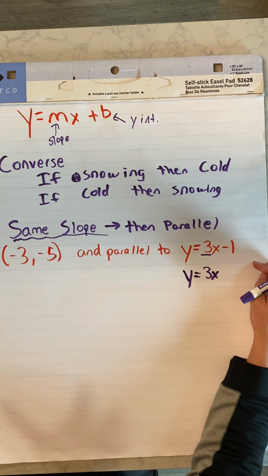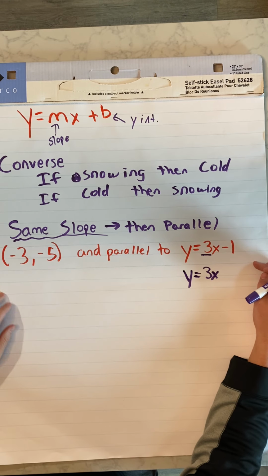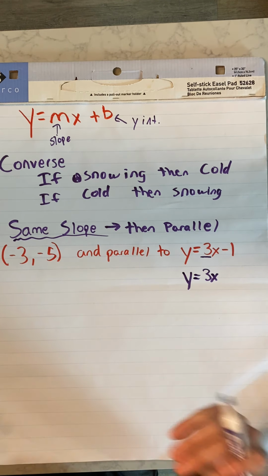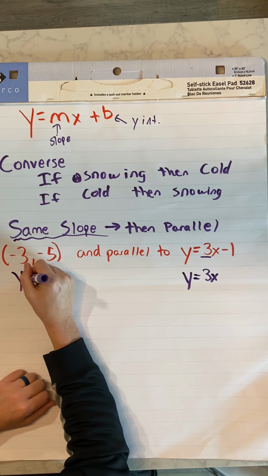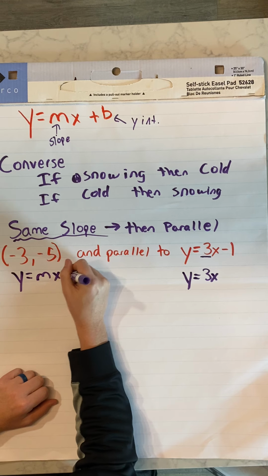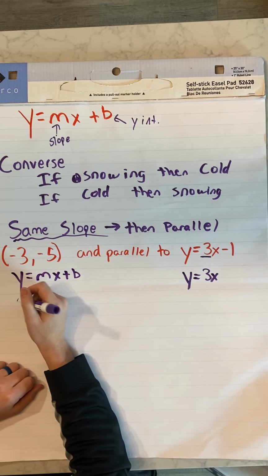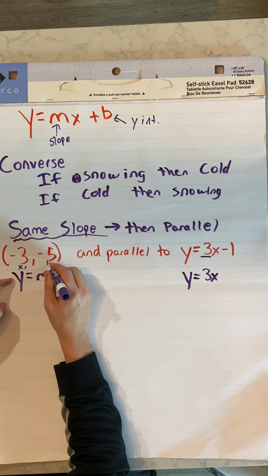So this actually goes back to things we were doing a few weeks ago. If we know the slope and we know a point, how can we find the y-intercept? We're going to write y equals mx plus b. Let's plug in what we know. Remember, this is like x1, this is like y1.